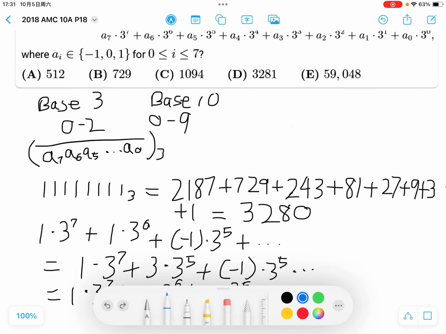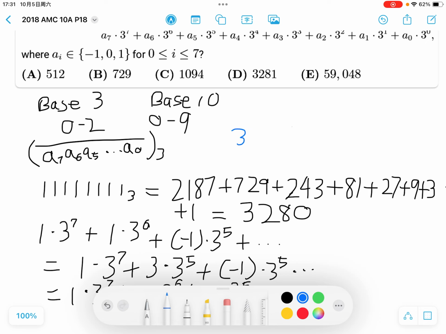Because in this case, when we calculated this, we didn't include the possibility that we could have all zeros. So we didn't include the number 0 in base 3 when we calculated 3,280. This number is basically counting up to 3,280 from 1.